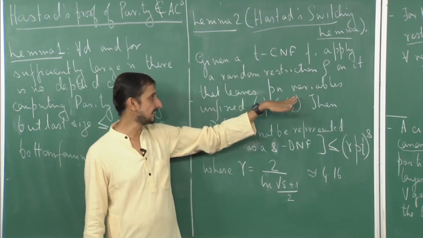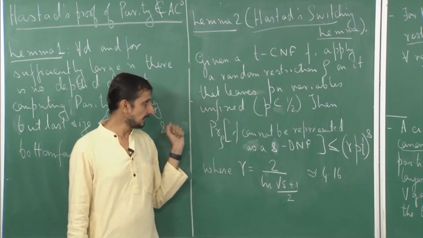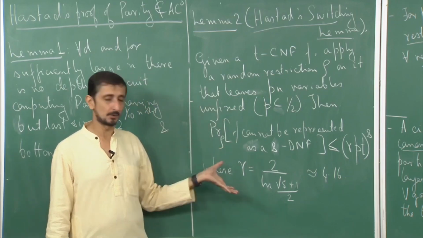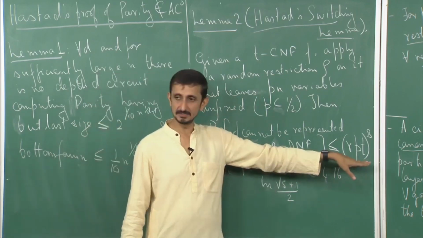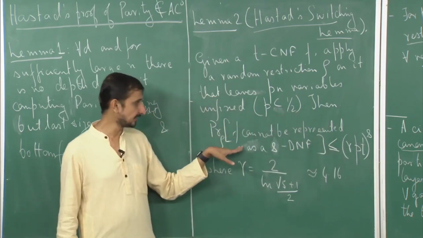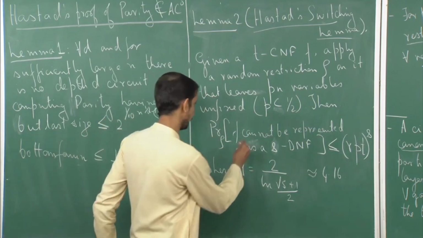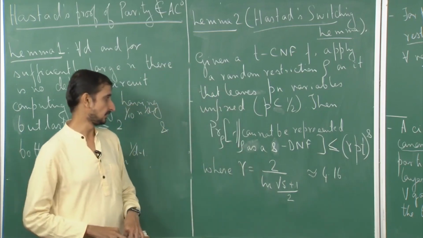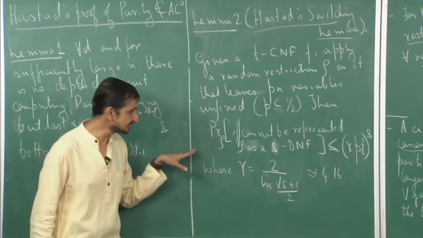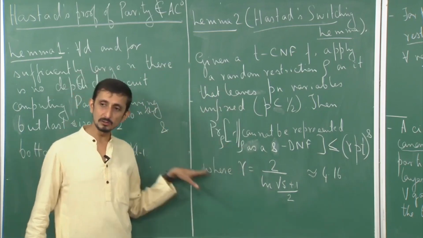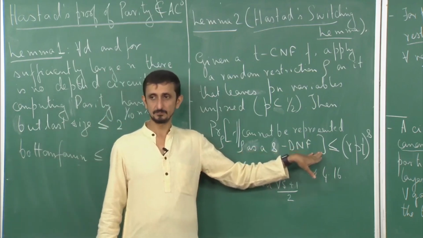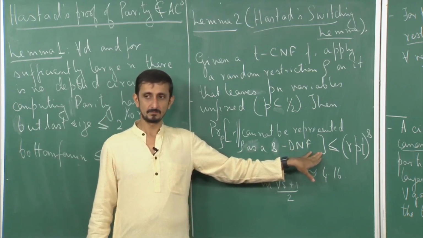I can apply random restriction, and then what the switching lemma says is that with high probability, that is with probability 1 minus this, the restricted function, f restricted to rho, can also be represented as a 3 DNF.